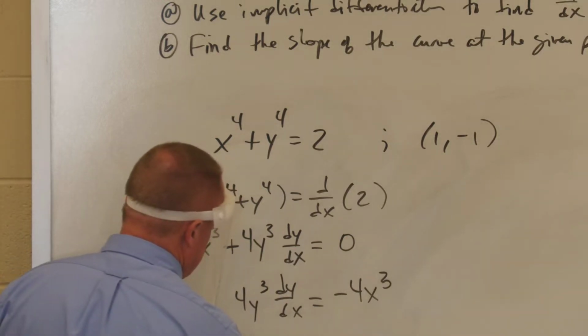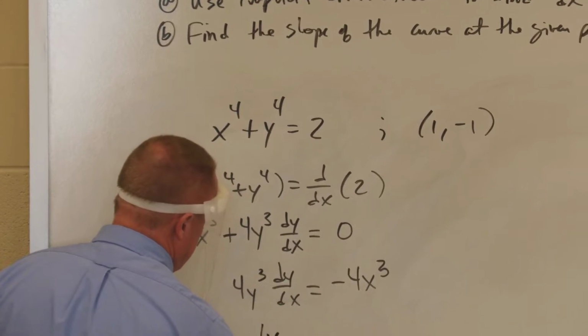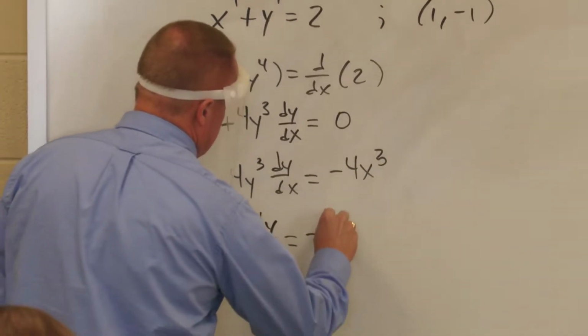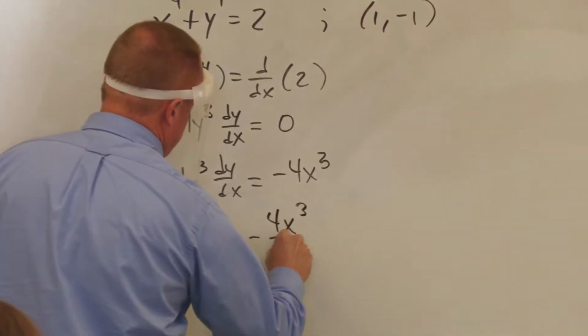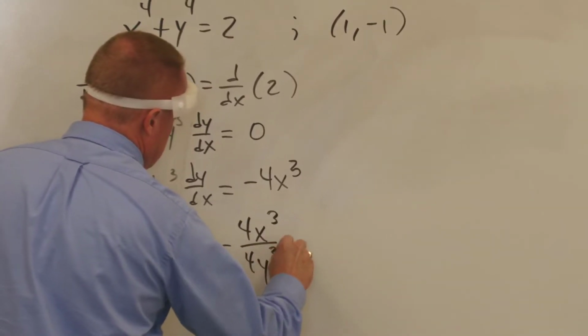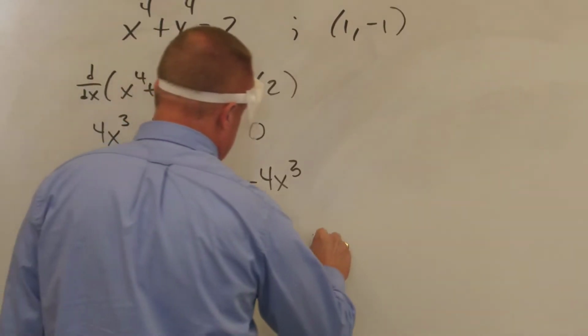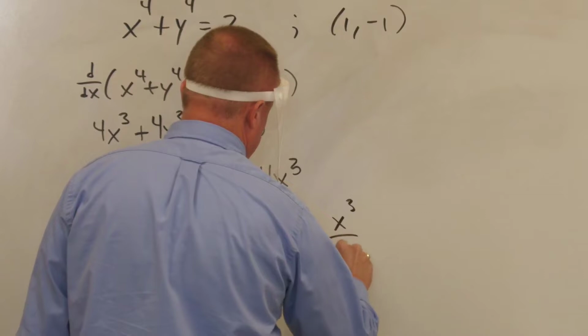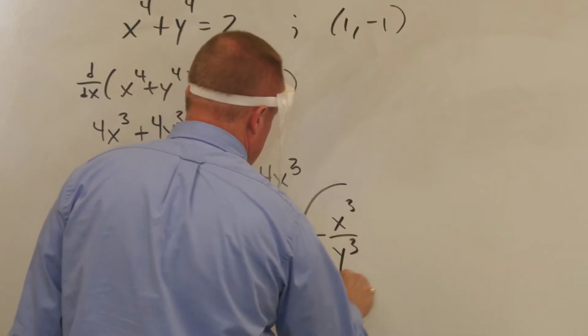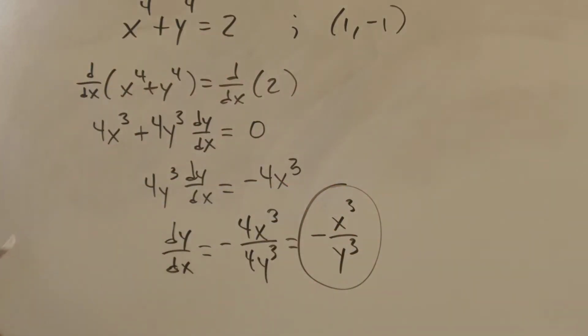And I get dy dx equals negative 4x cubed over 4y cubed. And then that will divide to be negative x cubed over y cubed. That would be the derivative of that function, dy dx. Any questions about that?